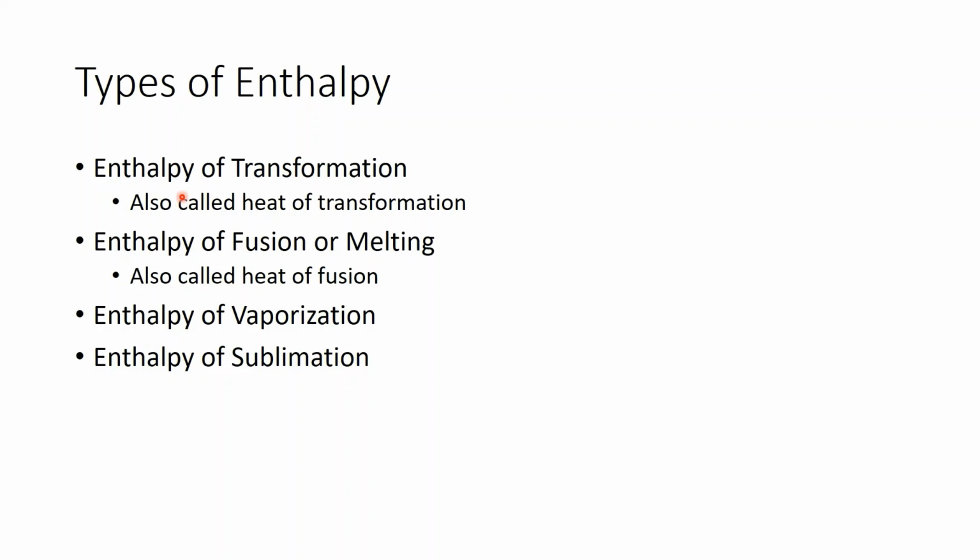And there's an energy associated with that. There's enthalpy of fusion, or heat of fusion, also called heat of melting. Enthalpy of vaporization, which is boiling, and enthalpy of sublimation, which is going from solid to gas, and there's a different energy associated with that.